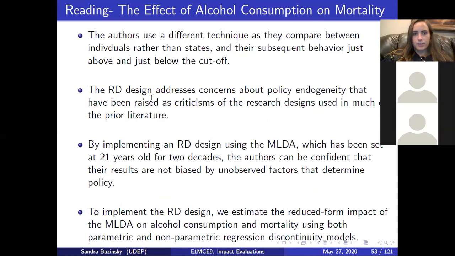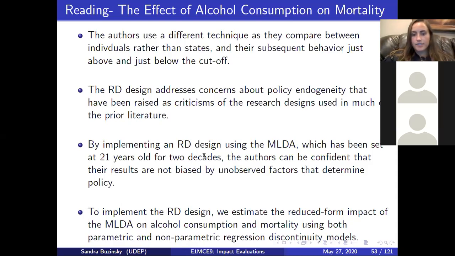Okay, so this is a better strategy because the RD design using the minimum legal drinking age has been set at 21 for 2 decades. And so they can be more confident that the results aren't determined by changes in policy.